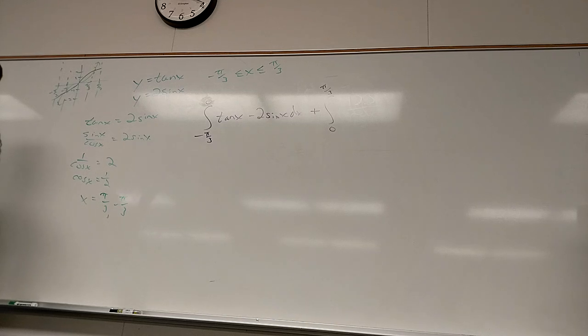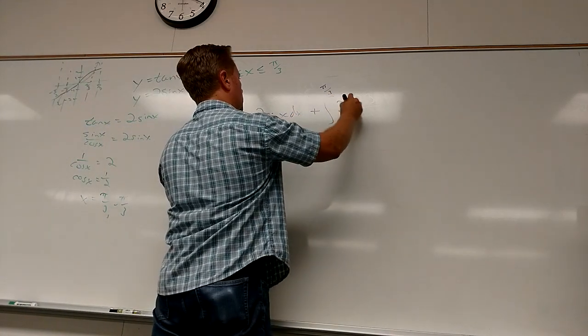I can't allow negative areas for this specific reason because I want the area. It's not a flow rate, it's an actual physical area. In general, integrals can be negative all day long. Here I'm not letting that happen.